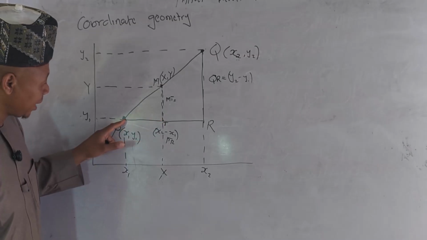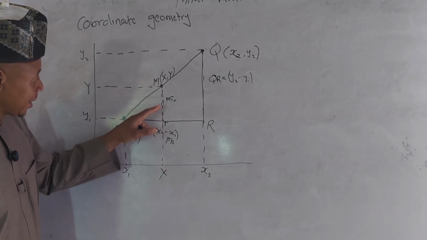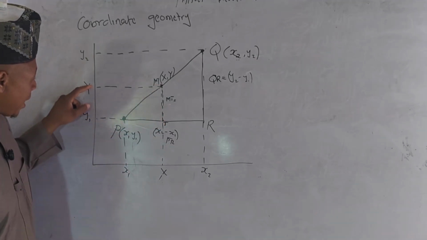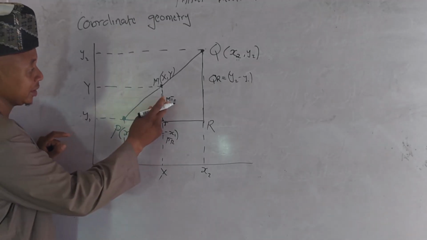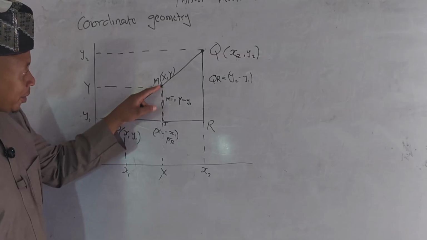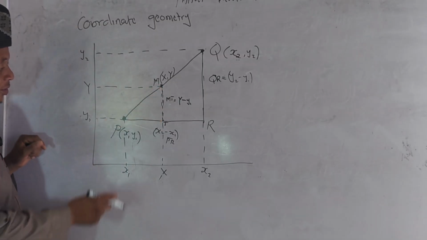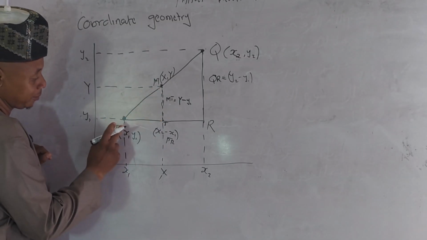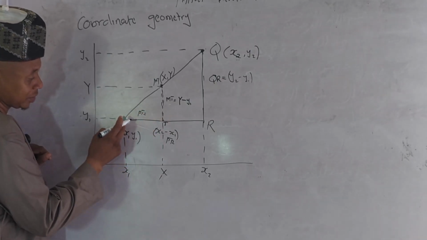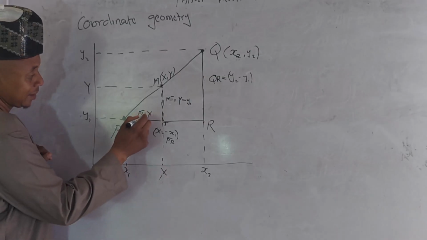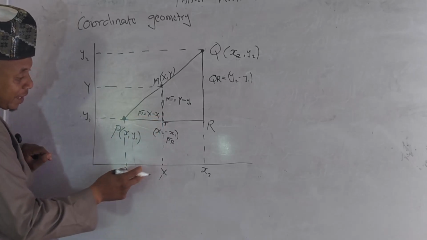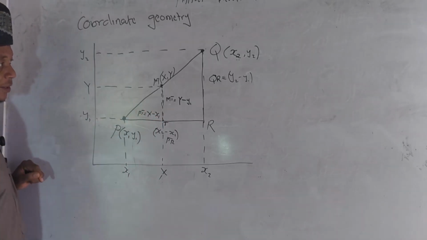The difference between this point M and T, Y minus y1, will give us this line MT. So this is capital Y minus y1 as the line MT. And of course line PT is equal to this point minus this point, meaning capital X minus x1, big X minus x1. That will give us line PT.